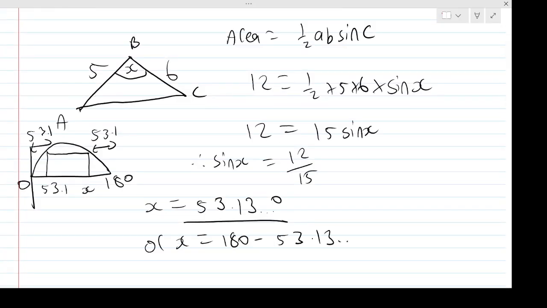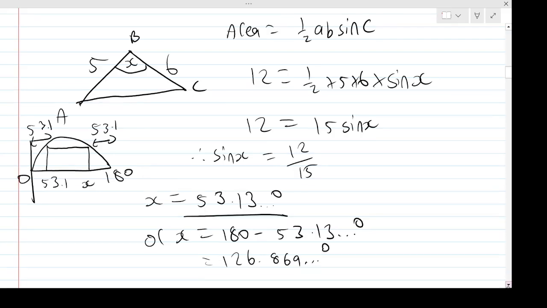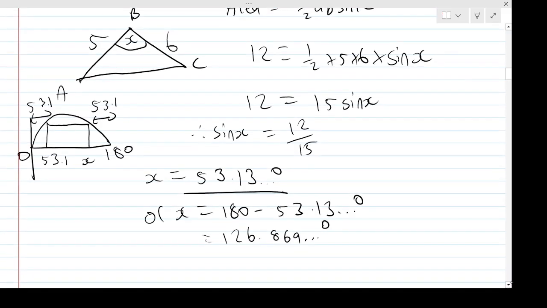It will always be 180 take away the first solution, but the graph helps me to see that. So 180 take away this is 126.869, so that's the other solution. Remember, do go back and watch the last video on the sine rule I made, or wherever you want to learn it, because we do need to consider two solutions here.